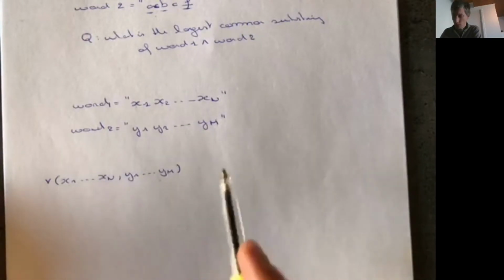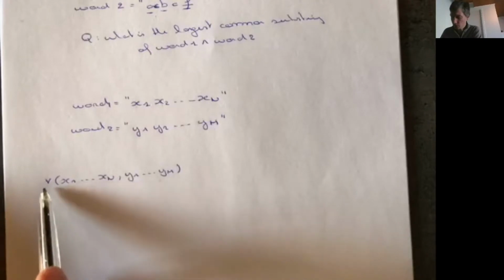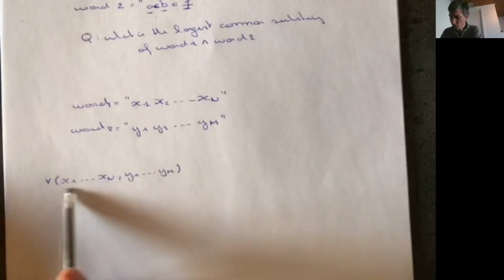And as usual in dynamic programming, I would like to write this function v as a problem that can be expressed in terms of maybe also the function v, but then in terms hopefully of shorter substrings, like a subset of the original problem.